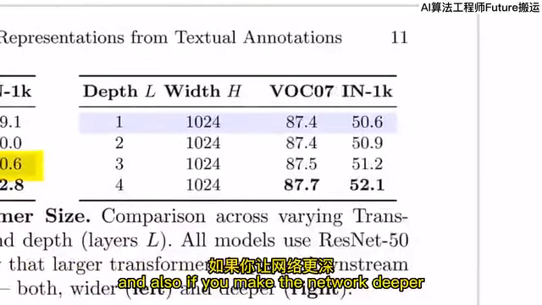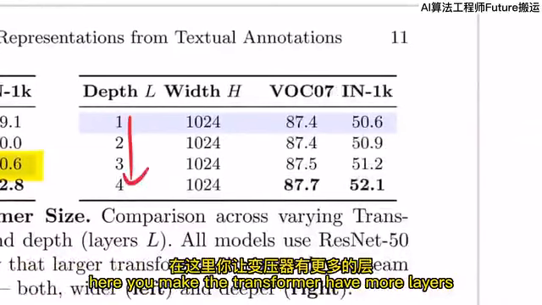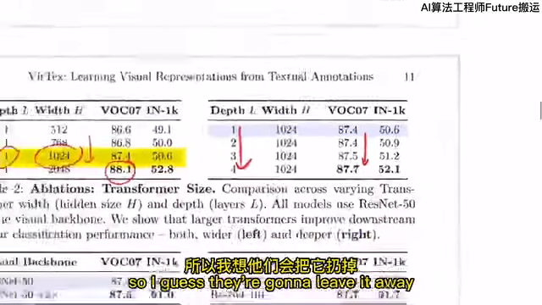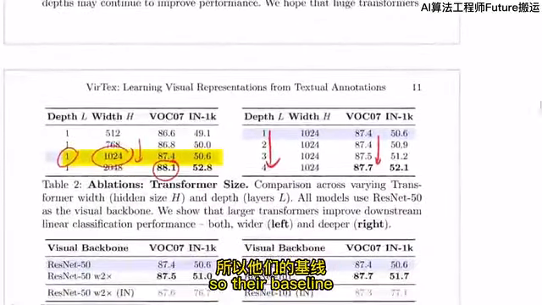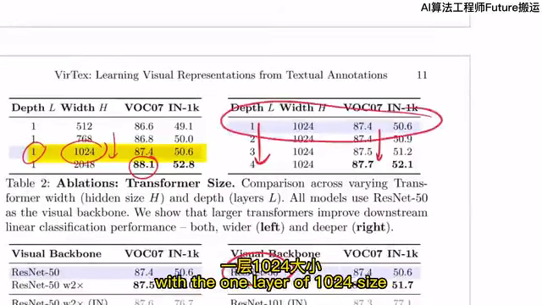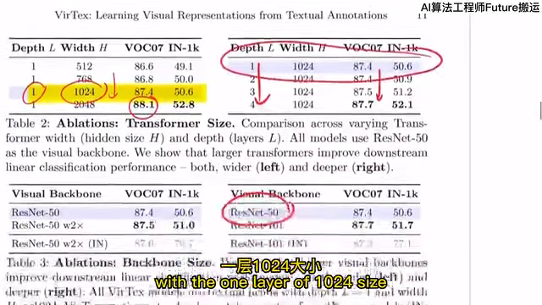And also, if you make the network deeper here, you make the transformer have more layers, the performance goes up, but again, the gains are marginal, so I guess they're going to leave it away. So their baseline, as you can see, is this ResNet 50 with the one layer of 1024 size.